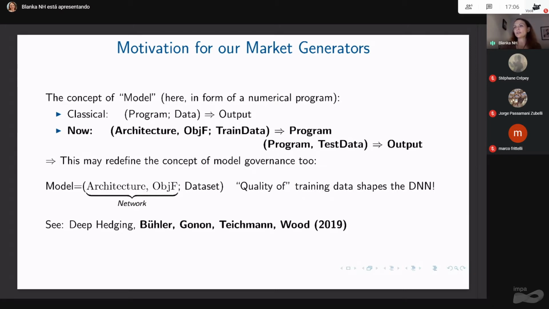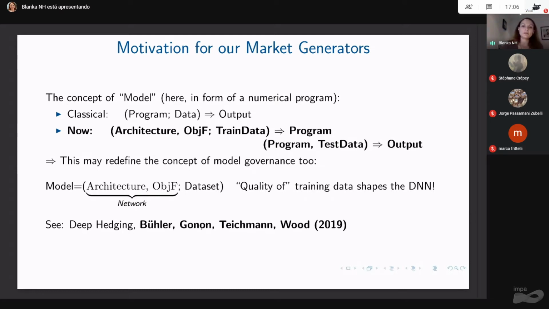Also, the original motivation for this work, when I started working with Hans Bühler and Ben Wood at JP Morgan, was a follow-up on their work with Josef Teichmann and Lukas Gonon on deep hedging.